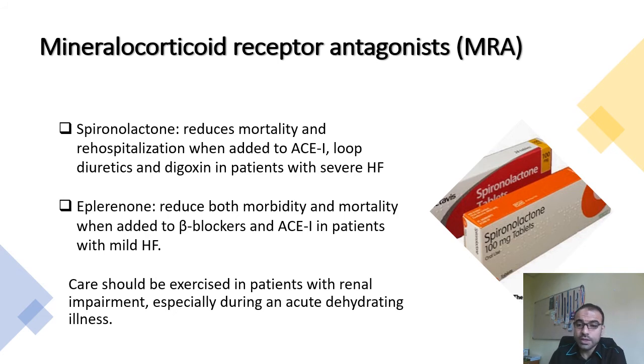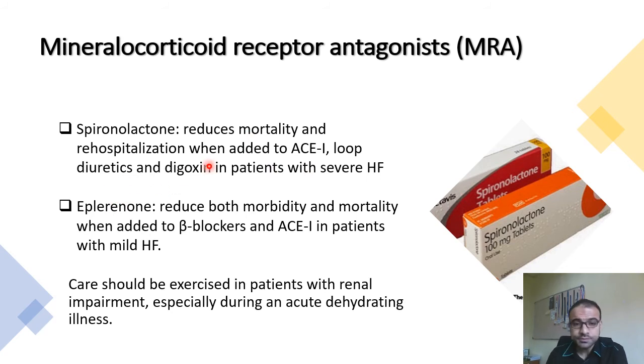The third therapeutic class is the mineralocorticoid receptor antagonist, of which two main agents have been tried in patients with heart failure, either severe or mild. In severe heart failure, spironolactone reduced mortality and rehospitalization when added on top of the current medication of ACE inhibitor, loop diuretic, and digoxin.